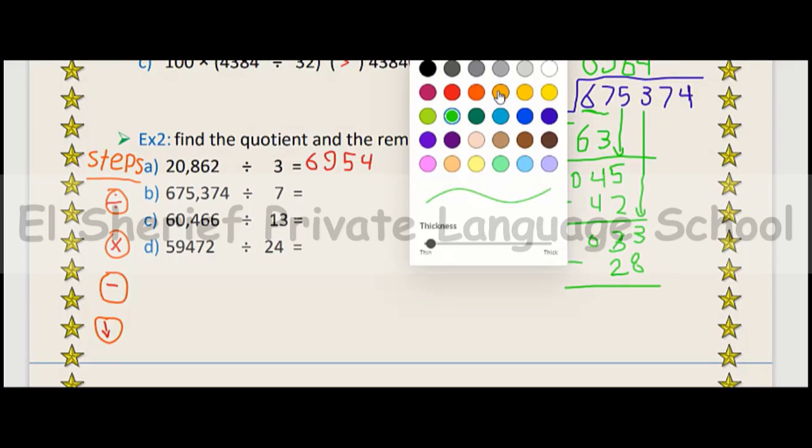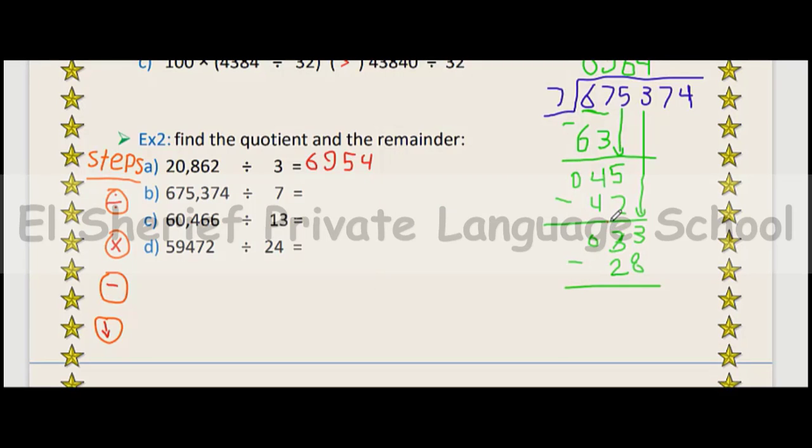We change the color, sorry. So 3 becomes 2, and 3 here becomes 13. 13 minus 8 equal 5, and 2 minus 2 equal 0.